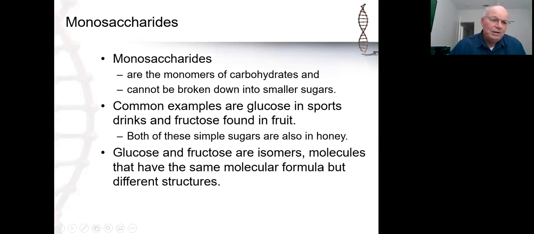So the monomers, the building blocks for building the complex carbohydrates, are what are referred to as monosaccharides. So you understand the prefix mono, it means one. Saccharide comes from the Greek word for sugar.